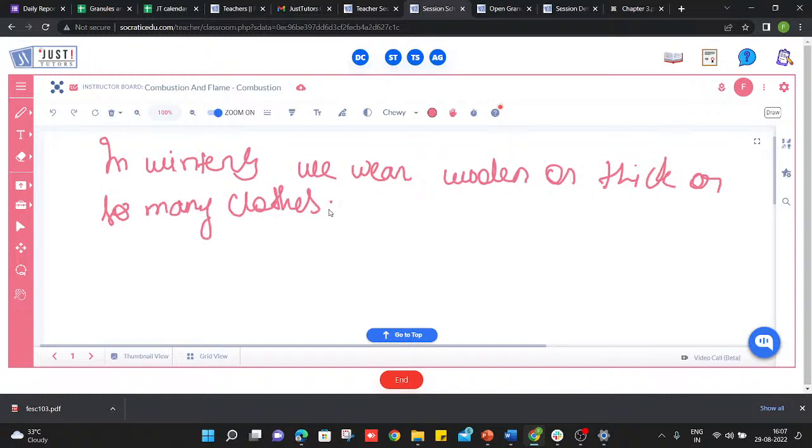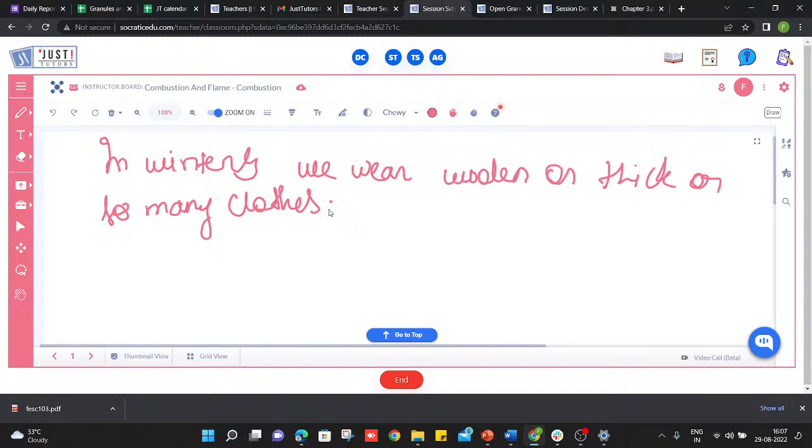The basic idea of the clothing that we wear in winters is to make sure that we don't feel cold, so as to protect our skin from cold because it's really cold in winter. So we always wear the clothes that protect us from cold.